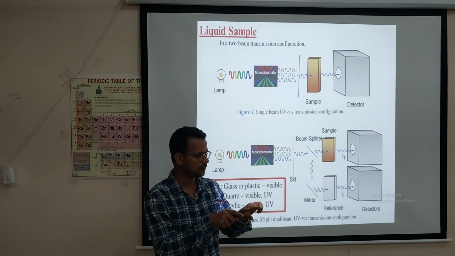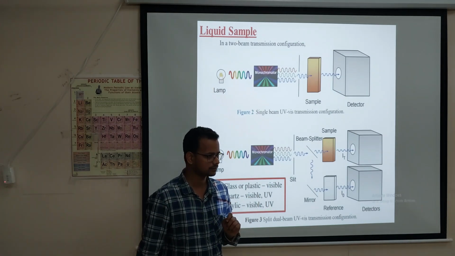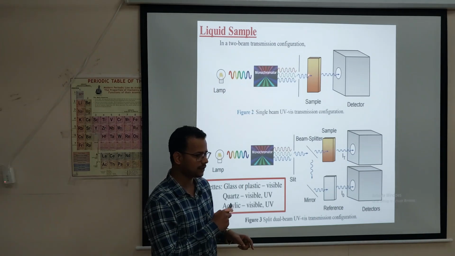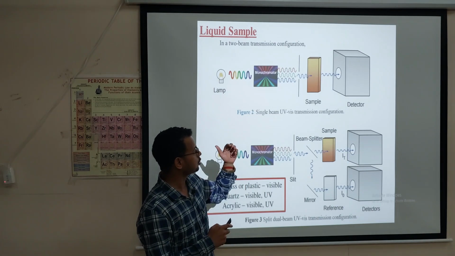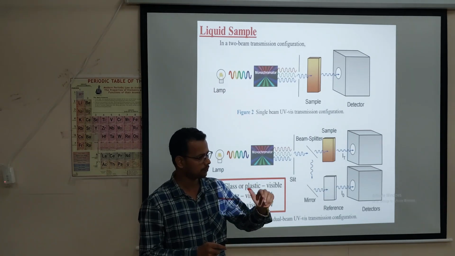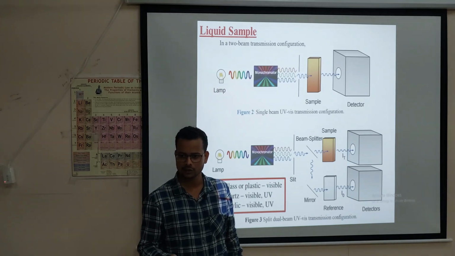The wavelength by which they will be excited will not be the same. So when different wavelengths pass through the slit to the sample, only one wavelength may excite it. It might happen. Roshan, yes or no?